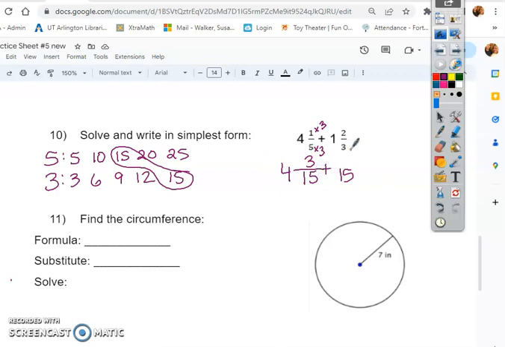I do the same thing here. 3 times what gives me 15? 3 times 5 gives me 15. So I have to multiply the top by 5, which is 10. Then I have a 1.